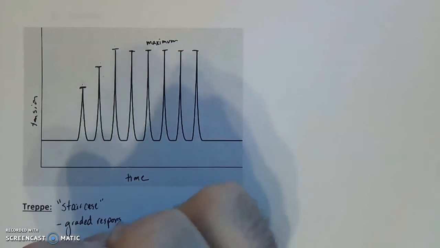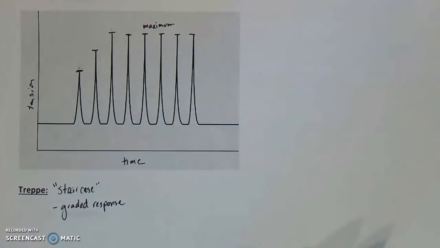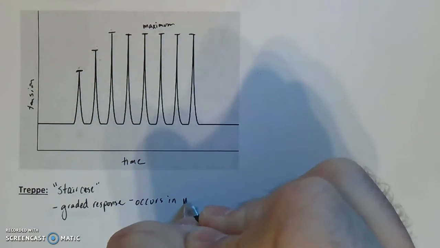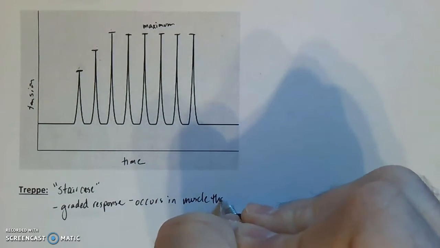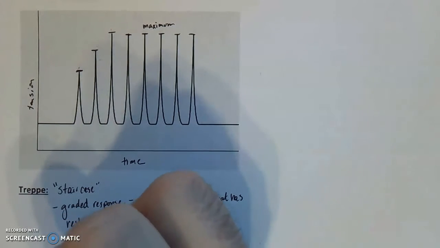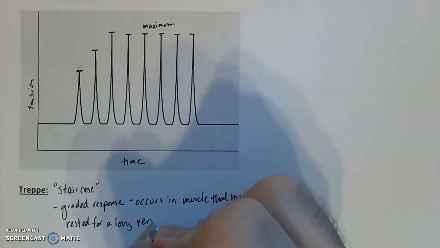Graded means that it gets larger and has a slope. This occurs in muscle that has rested for a long period of time.